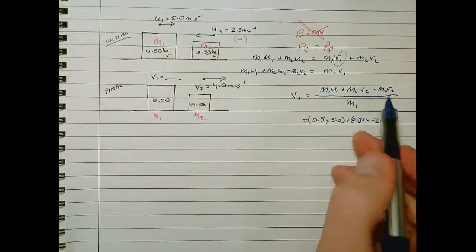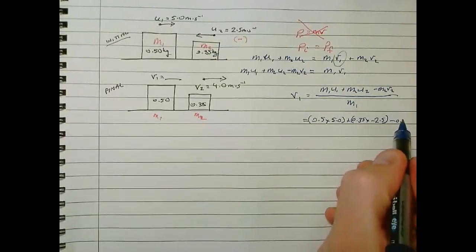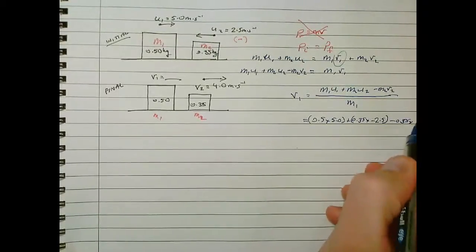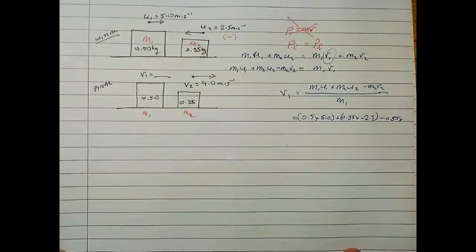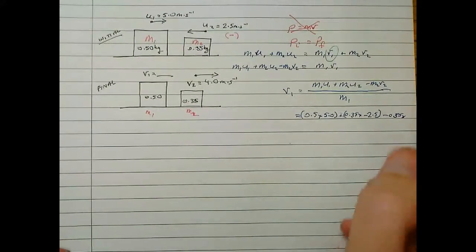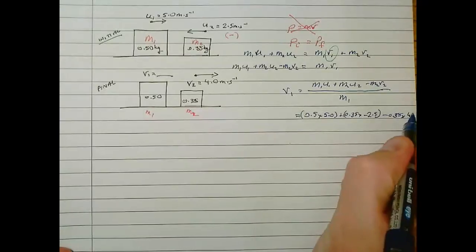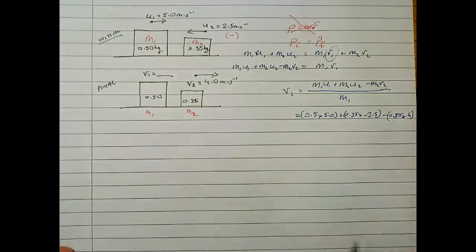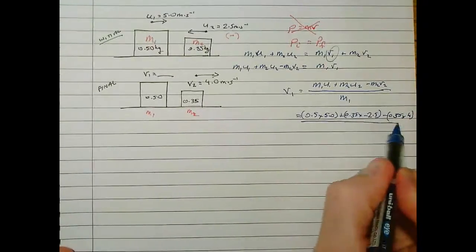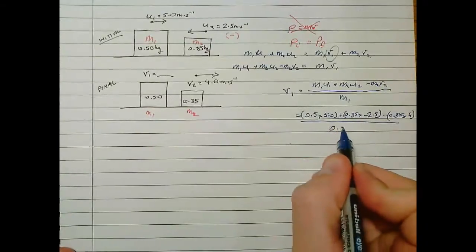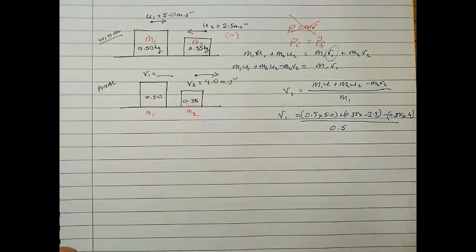That's then subtracted by mass 2, 0.35 again, multiplied by our final velocity of mass 2, which is 4. That is all being divided by our mass 1, as per our rearrangements.